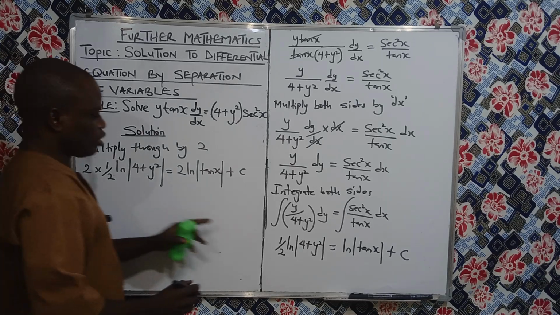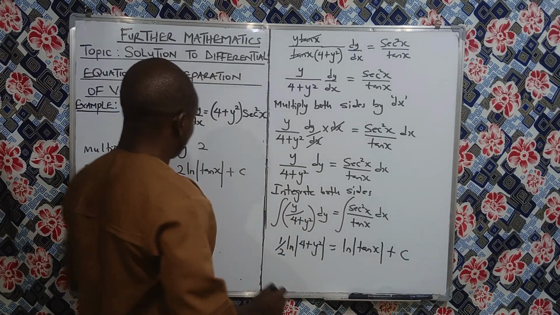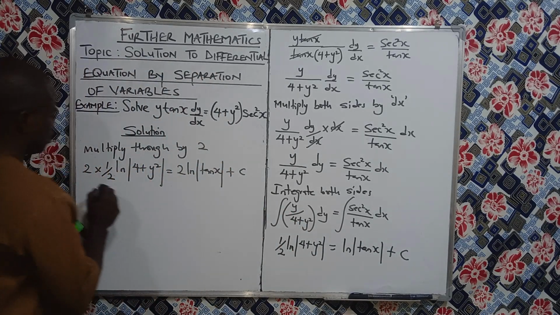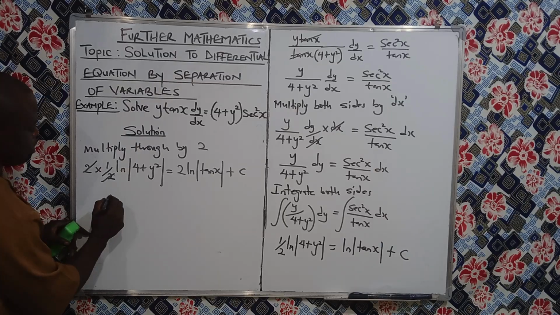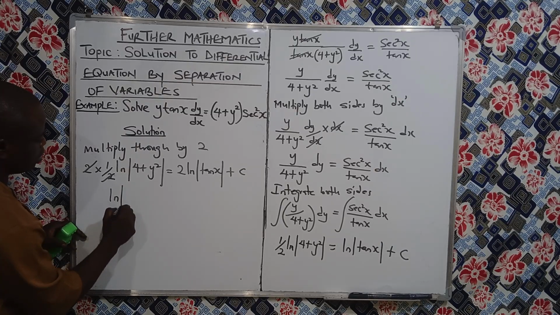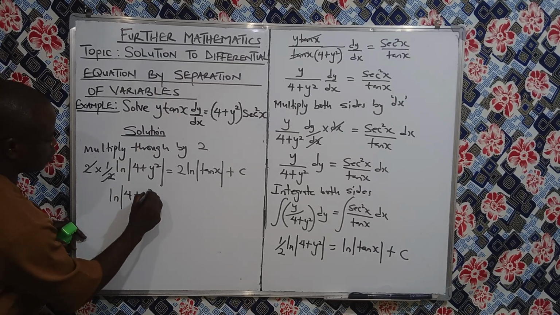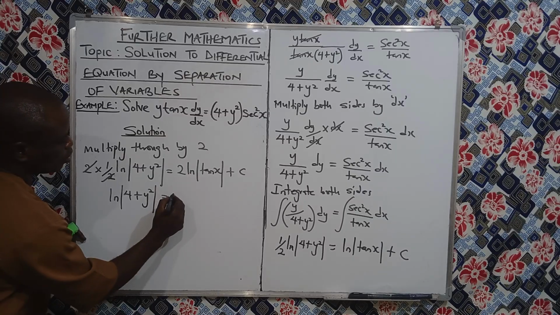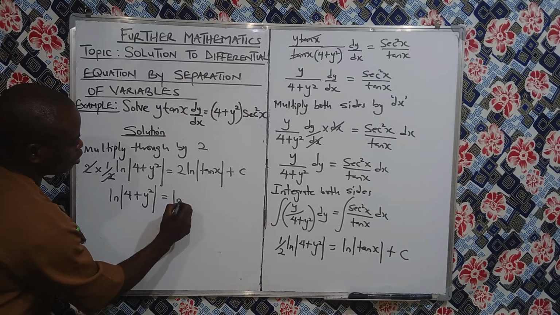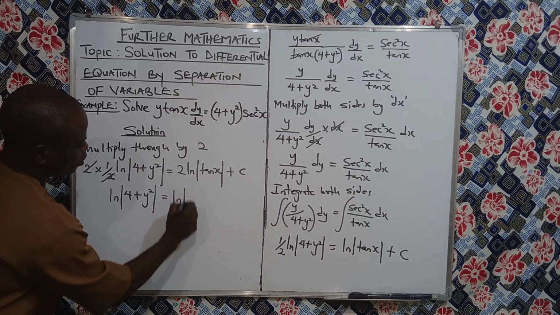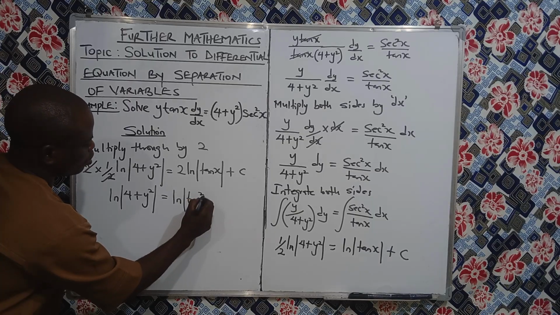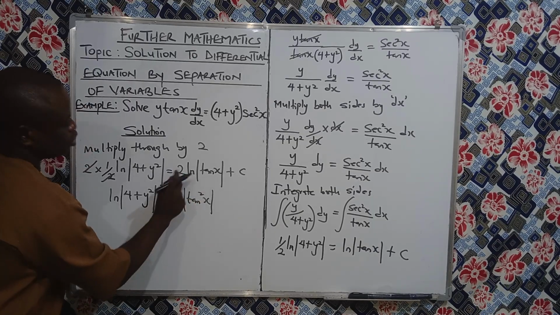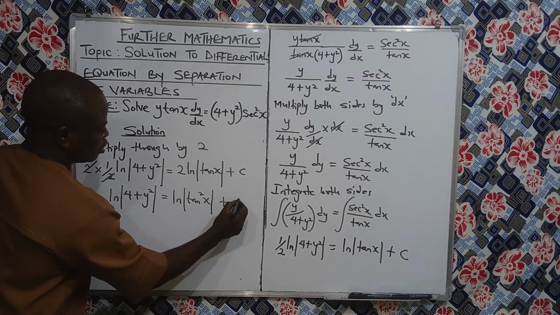You don't need to multiply the constant by 2, because the constant is not necessary. 2 cancel 2, left with lane 4 plus y squared equals lane of tan squared x, these 2 will now come to the front, plus c.